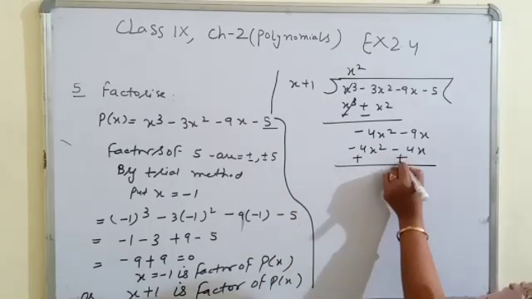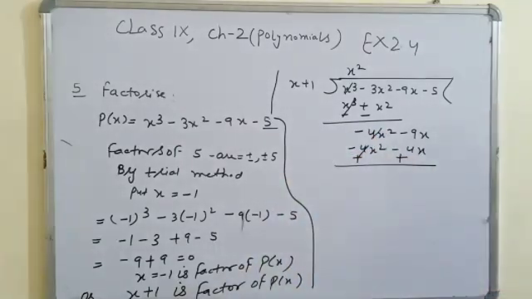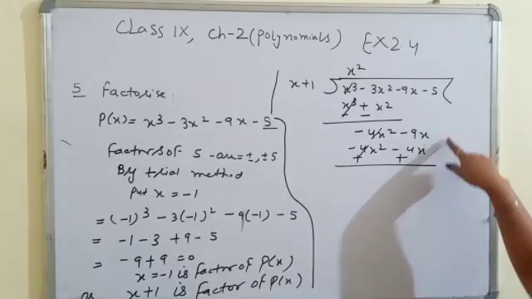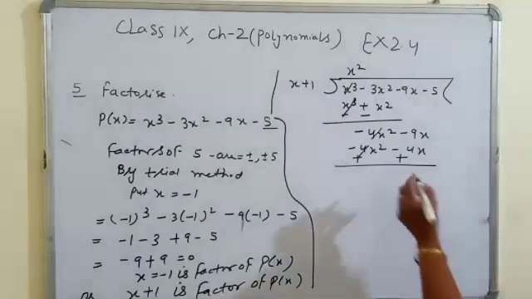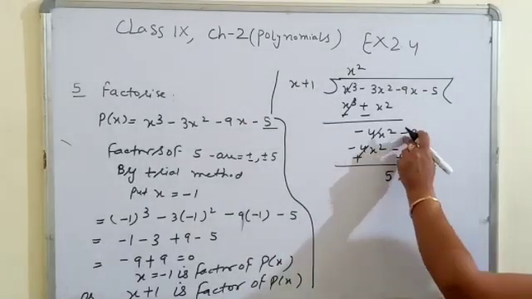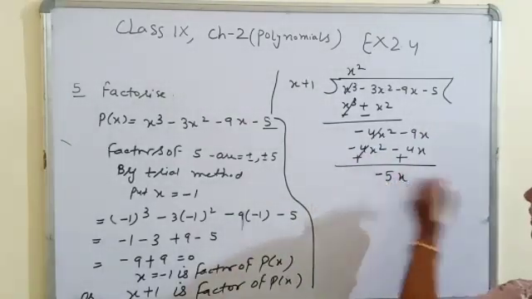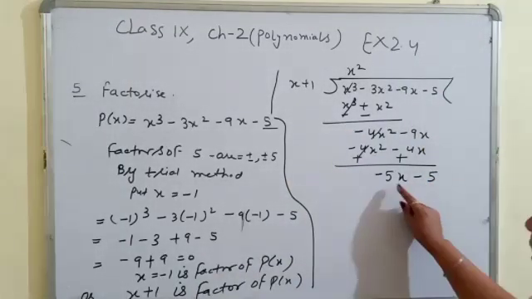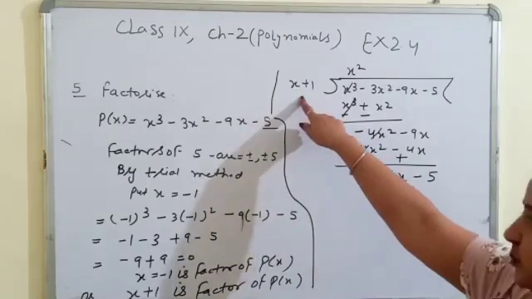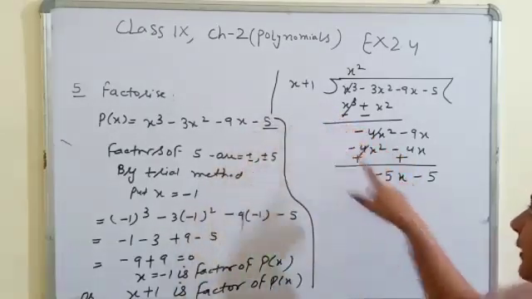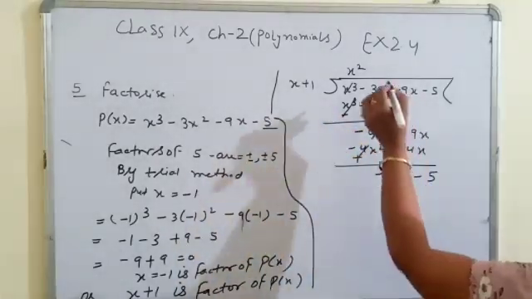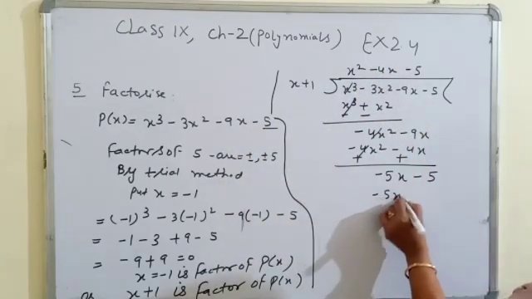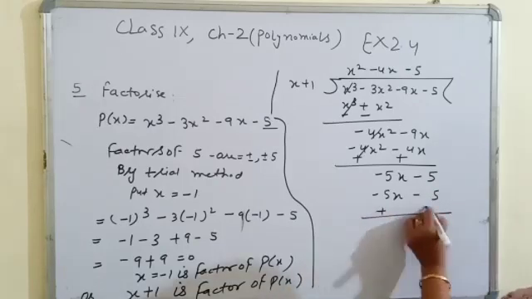Now they are like terms, minus 9x and plus 4x, so do the subtraction. This is minus 5x, and the greater value has the negative sign, so we carry the negative. Now carry the other value, that is minus 5. Minus 5x divided by x gives minus 5, so we multiply this divisor by minus 5: minus 5x minus 5, change the sign.